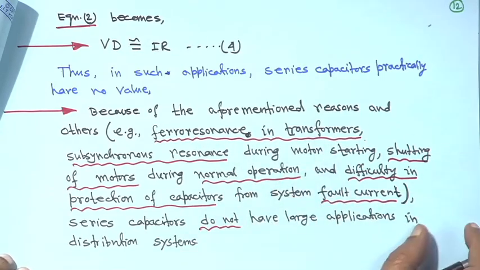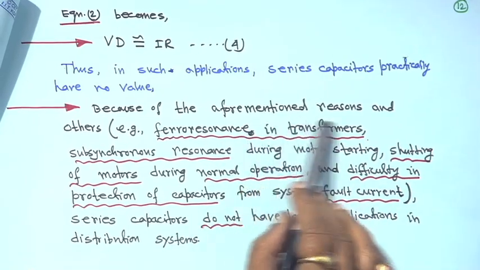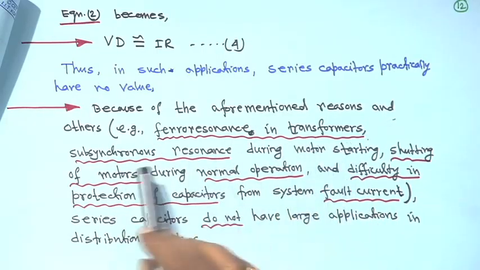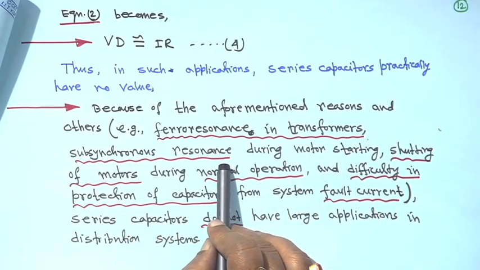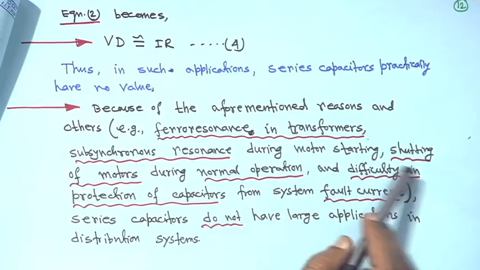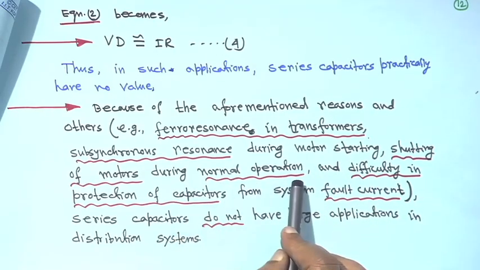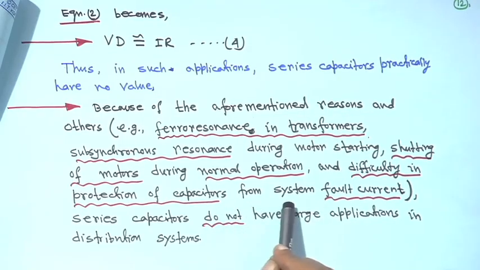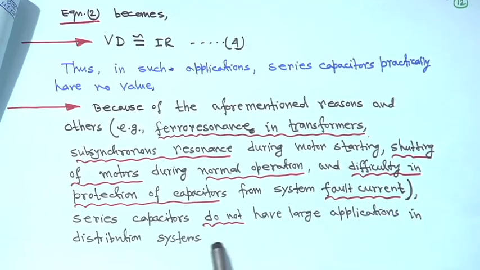Because of the aforementioned reasons and others, for example ferroresonance in transformers, subsynchronous resonance being more pronounced during motor starting and normal operation, and difficulty in protecting series capacitors from system fault current, series capacitors do not have large application in distribution systems.